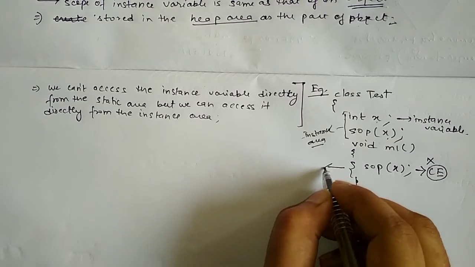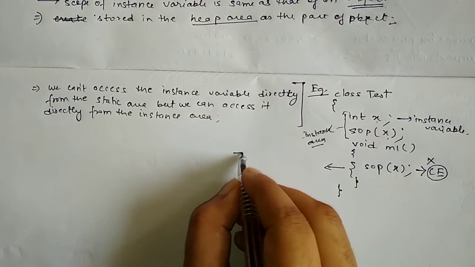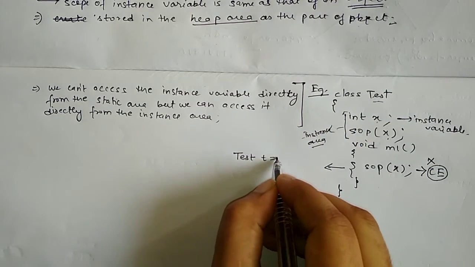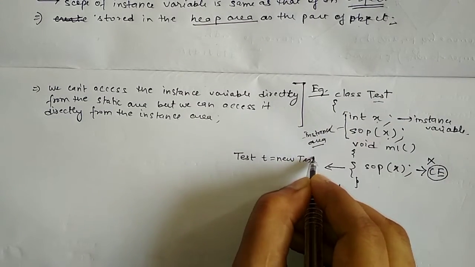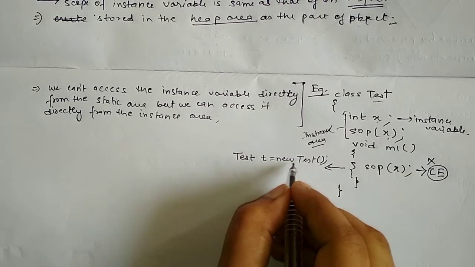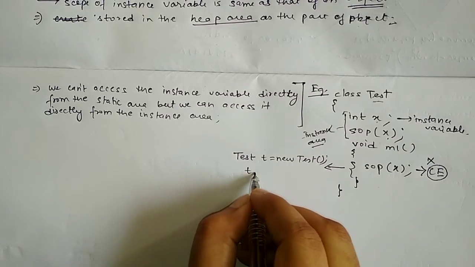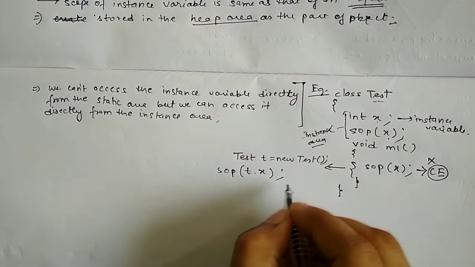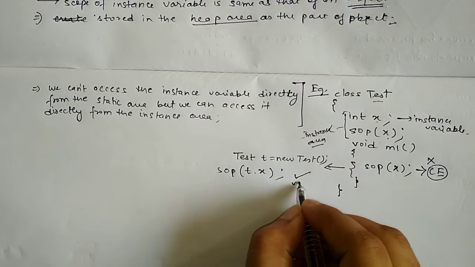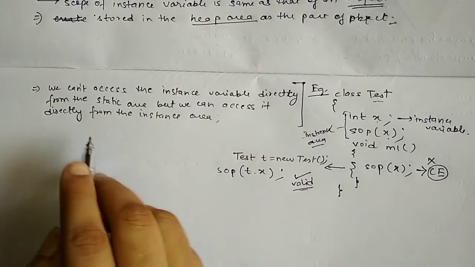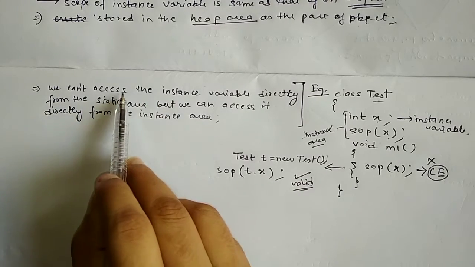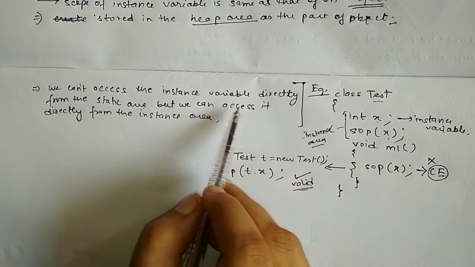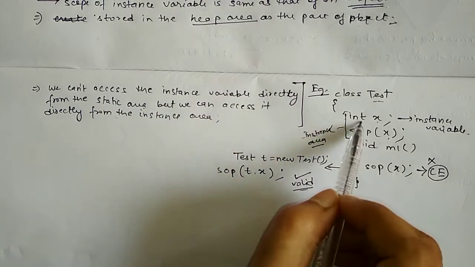So instead of directly using it, if we create an object of this class test, t equal to new test, and now if we try to access t dot x, then this is perfectly valid. So we can't access the instance variable directly from the static area, but we can access it directly from the instance area.